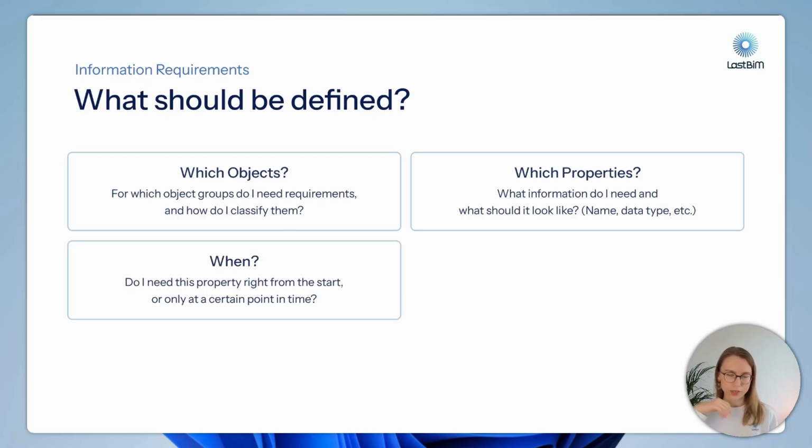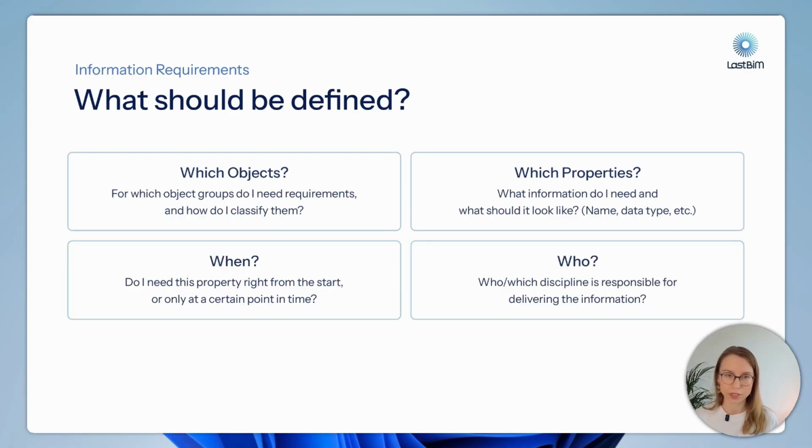We then also have some questions about the context. Mostly not every piece of information is there and required directly at the beginning, but the information need increases over time of the project. So in the beginning, I typically have less information that has to be delivered, and later more information is required. So to make sure that every piece of information is delivered on time, I have to define when I need it.